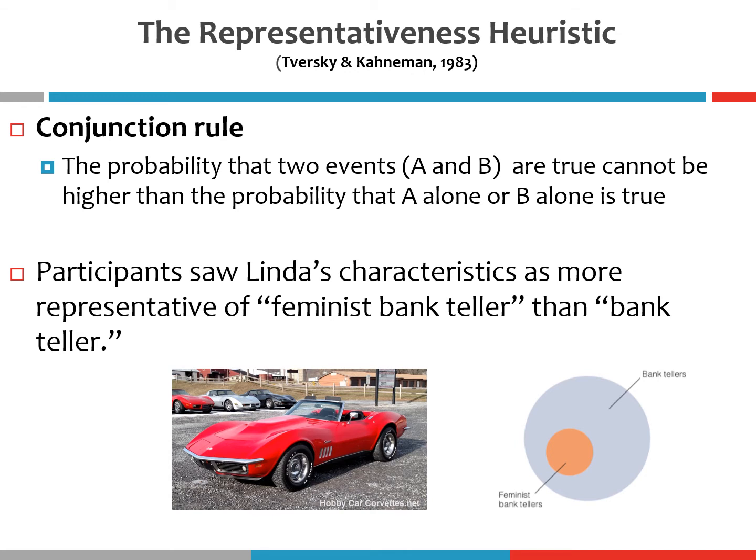Not realizing that the probability of being a feminist bank teller is smaller than the probability of being a bank teller if we were to choose any person at random is an example of a misunderstanding of the conjunction rule and thereby a misunderstanding of probability. Right? And again, people did this because they saw Linda's characteristics as being more representative of a feminist bank teller than a bank teller, without taking into account the probability of those events.